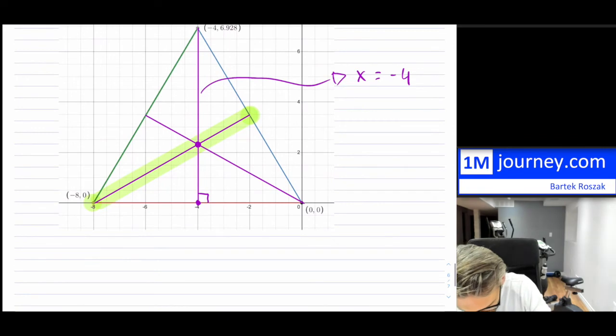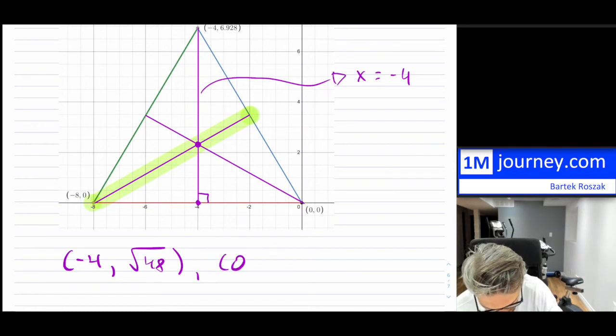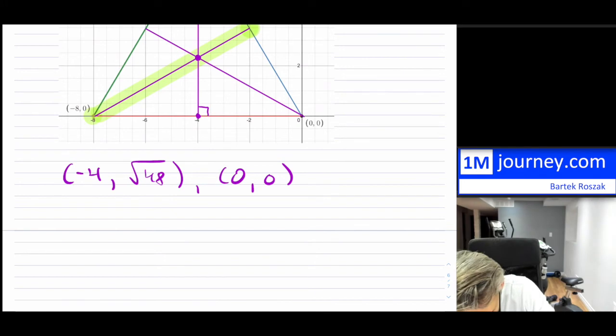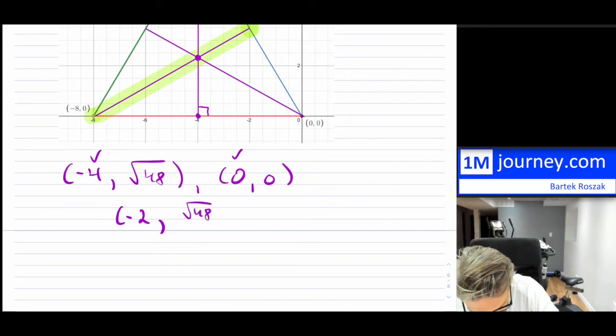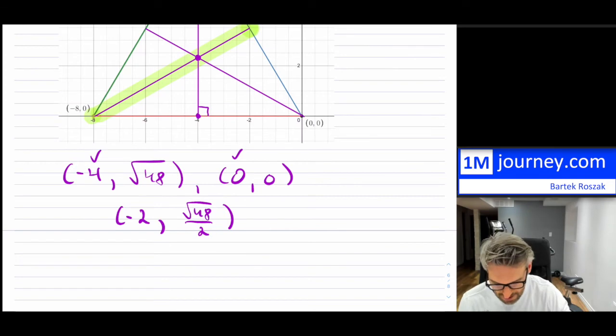So what I had was, I have -4, and then this was the square root of 48, and then this point was 0, 0. So the midpoint is going to be -2. Notice I'm adding the x's, dividing by 2, and then this is going to be 48 divided by 2, right? So adding the y's. So that is my midpoint.